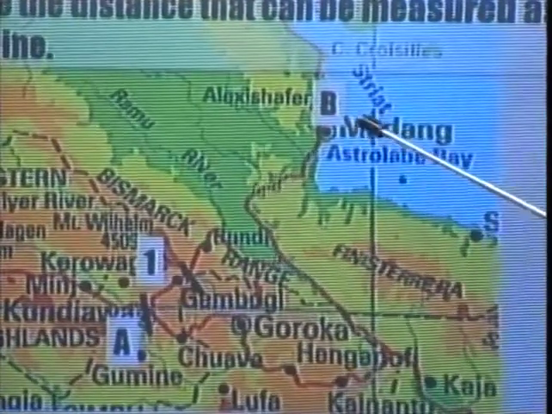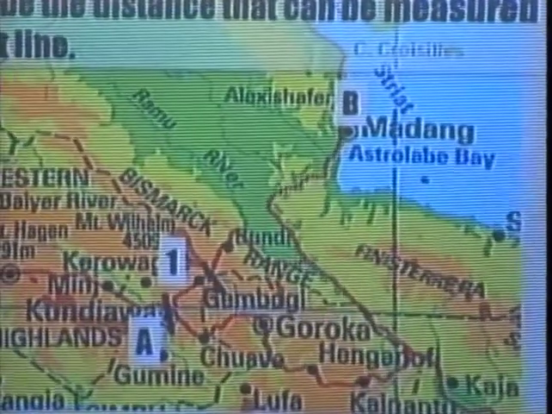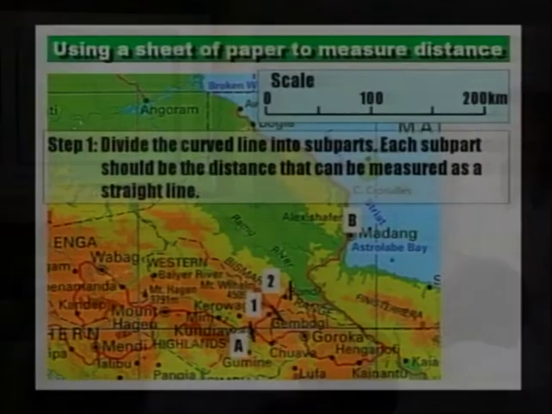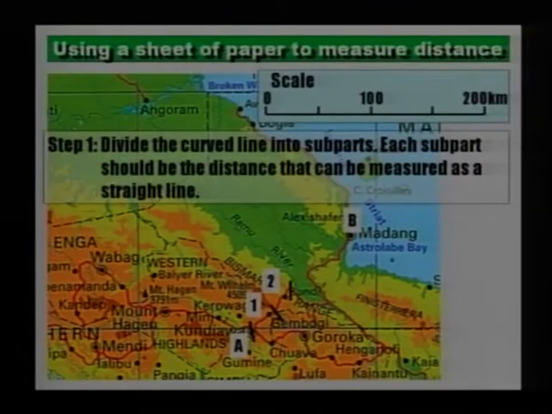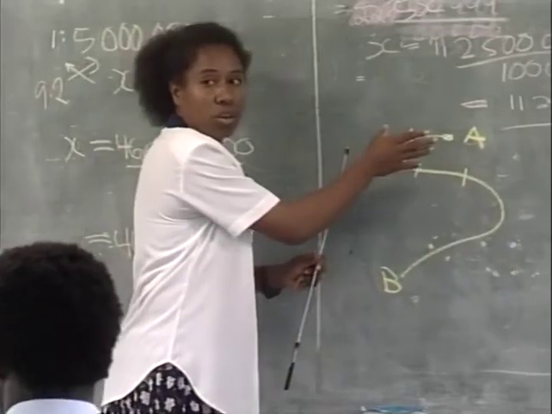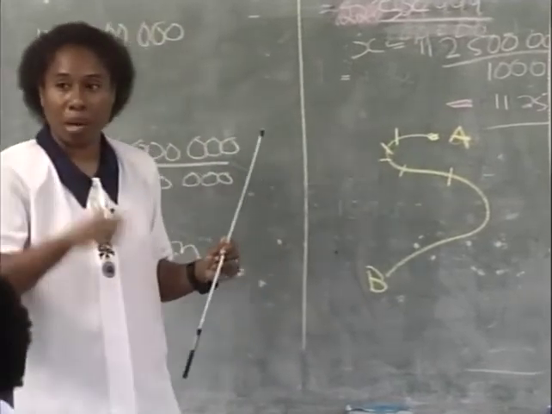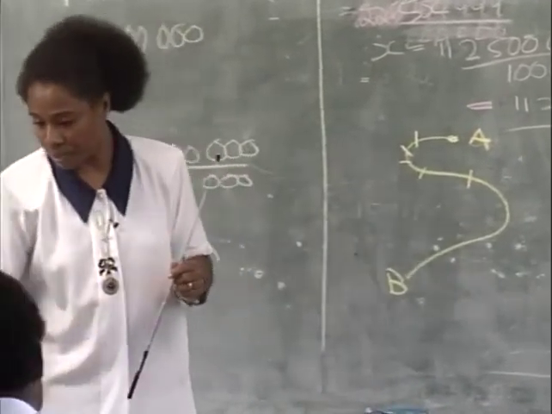So one subpart is done, but that's not all. I will have to make sure that the full distance is actually covered. And covering the full distance, I might not have equal subparts because on some of the subparts the curves are too steep, or some of them you may go for a longer distance before there is a turn again. So the distance of each subpart will vary depending on how many straight lines you can make as we are going along.